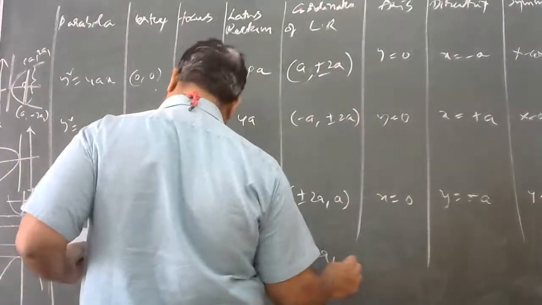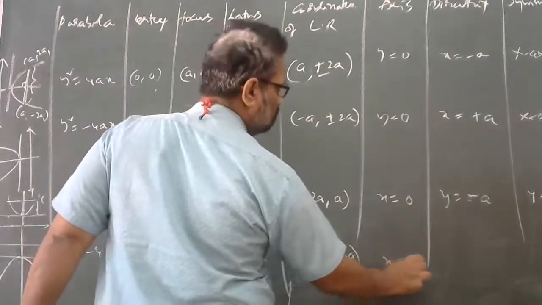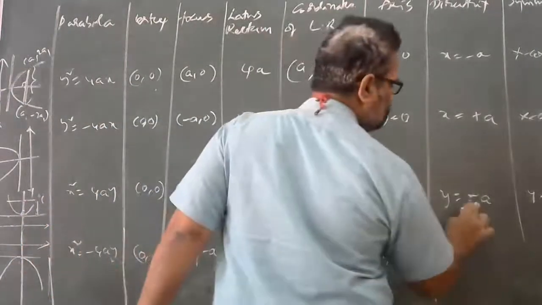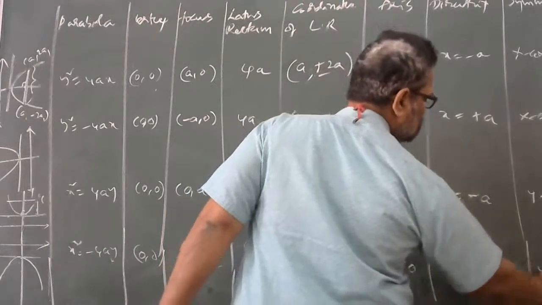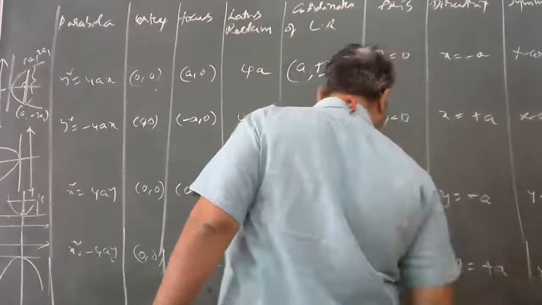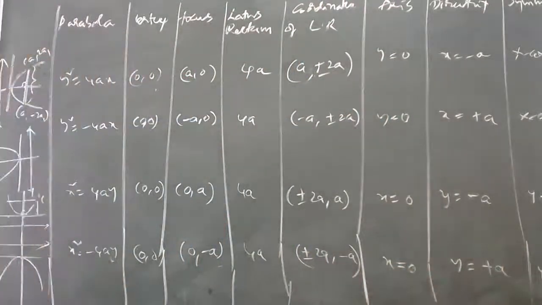Axis is x equals 0, directrix is y equals plus a, and symmetry is the y-axis. This table is very important for you to solve the problems. Based on this, you can do the problems very easily.